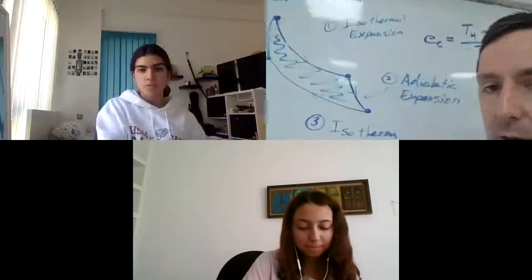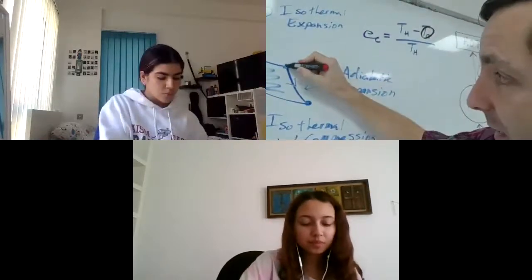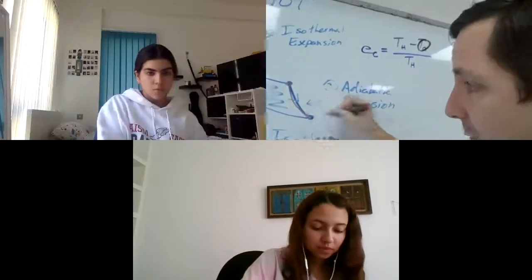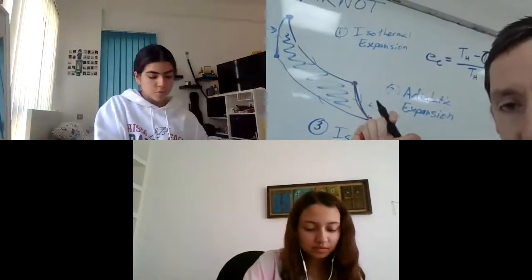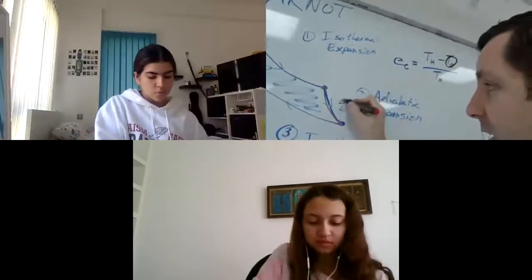We talked about the Carnot engine earlier today, right? This one right here was adiabatic, going from there to there, and you can see that the volume increased. We moved to the right on our PV diagram. So in that case, delta V would be positive.